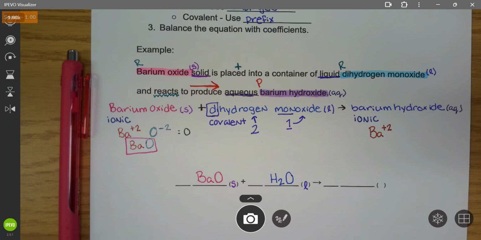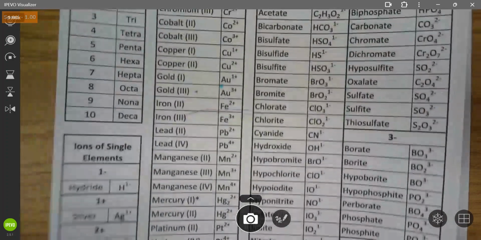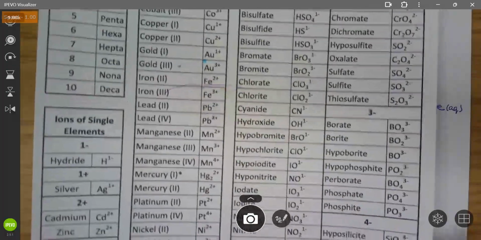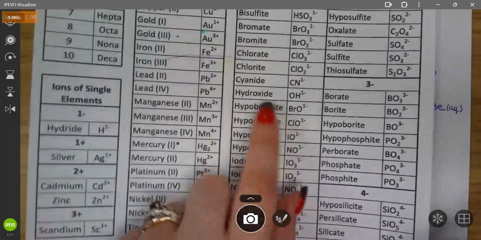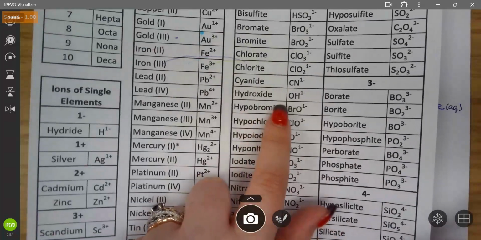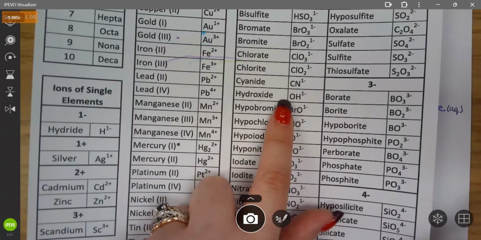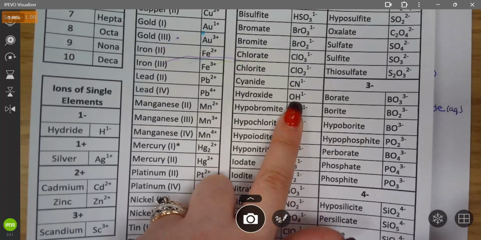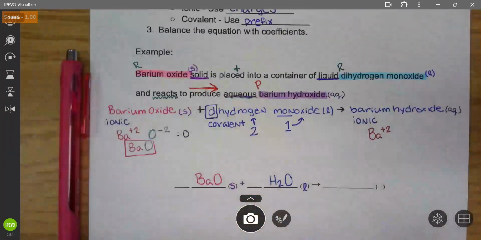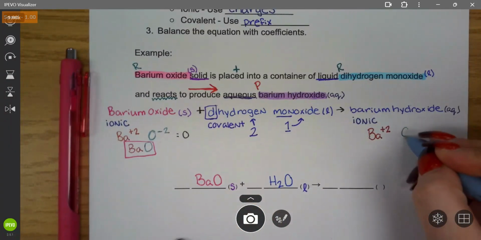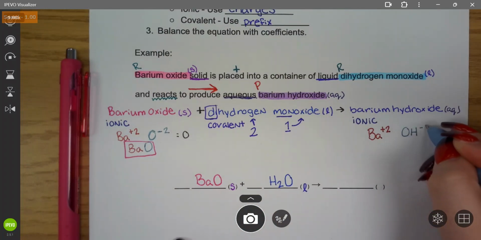So we've used barium already. Hydroxide is the hard one. Hydroxide is a polyatomic ion. It's one of our only polyatomic ions that has the ending IDE, but it's a combination of hydrogen and oxygen. So that's how we know it's polyatomic. And the charge on hydroxide is -1. So we have OH with a -1 charge.